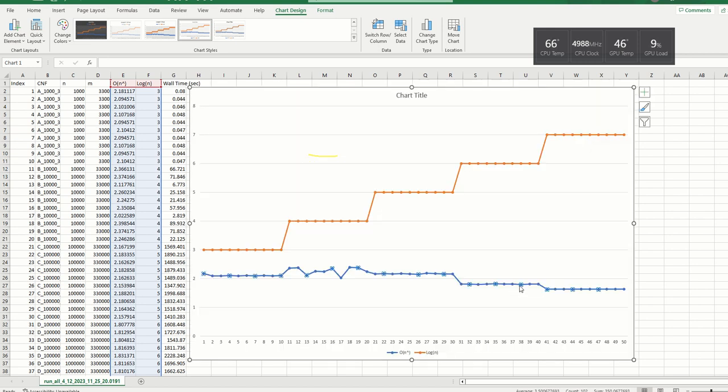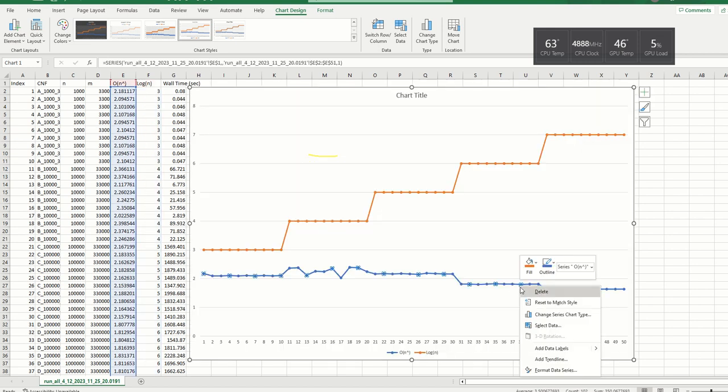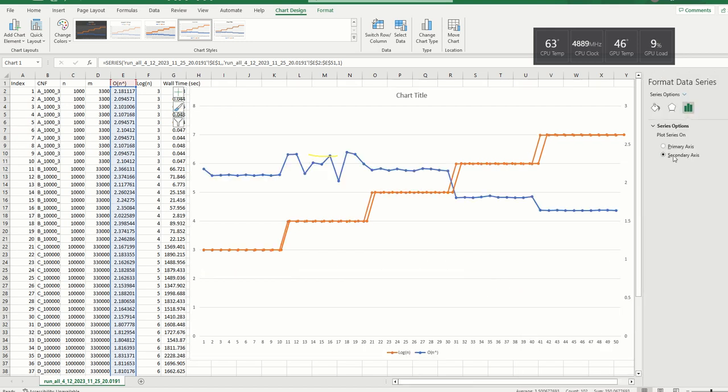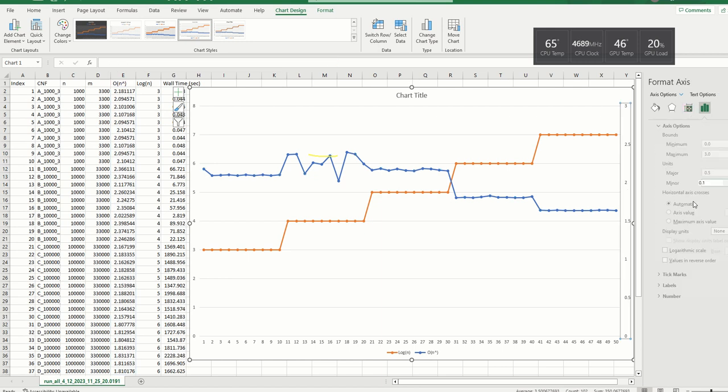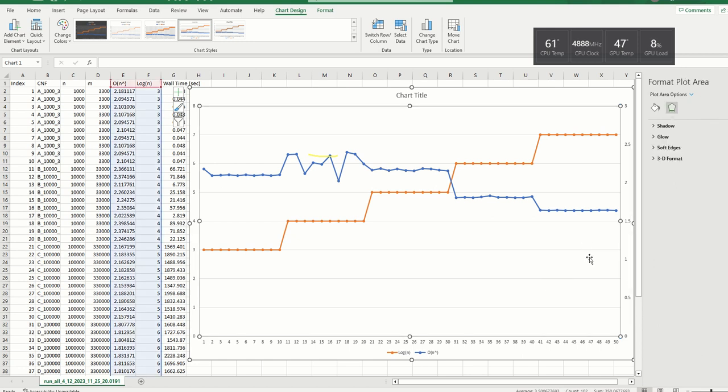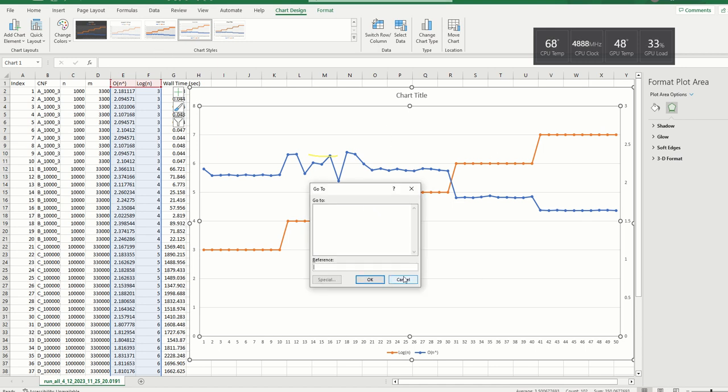And let's see the other axis. Let's do that as a secondary axis, and let's make the secondary axis in reverse order. And see how this is supposed to be.